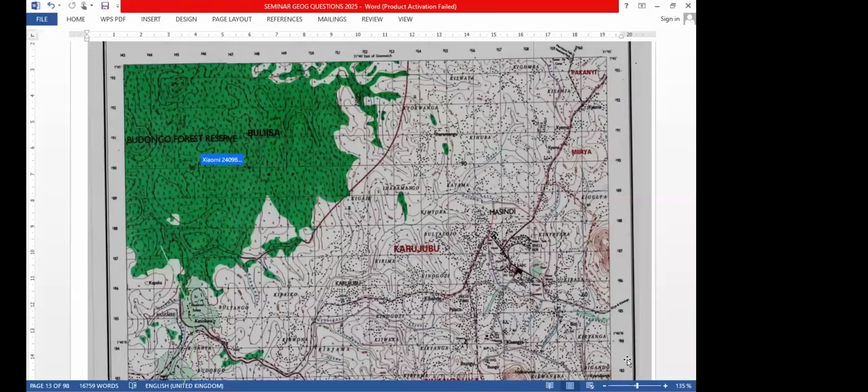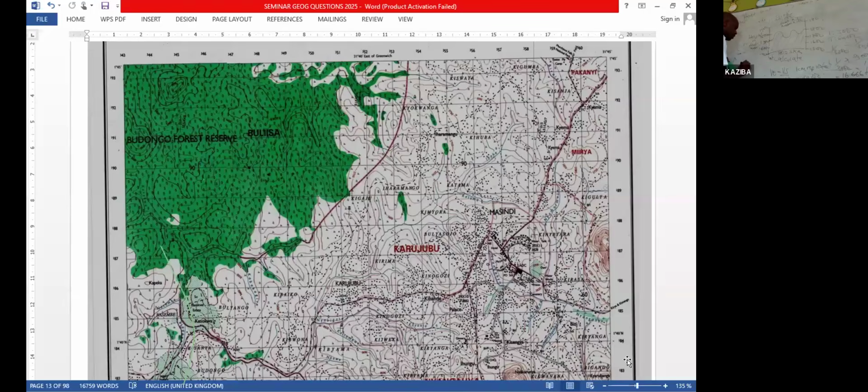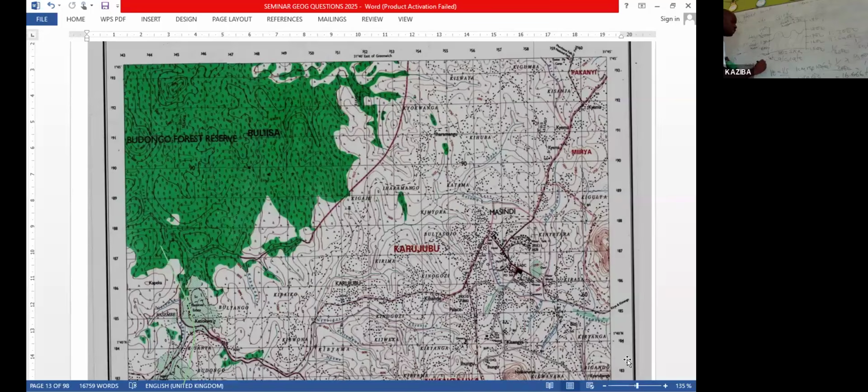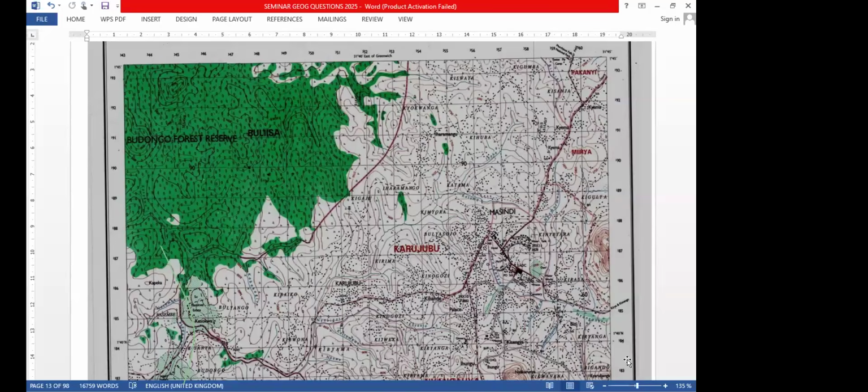Then the gradient. The formula is the vertical rise or amplitude over horizontal equivalent.